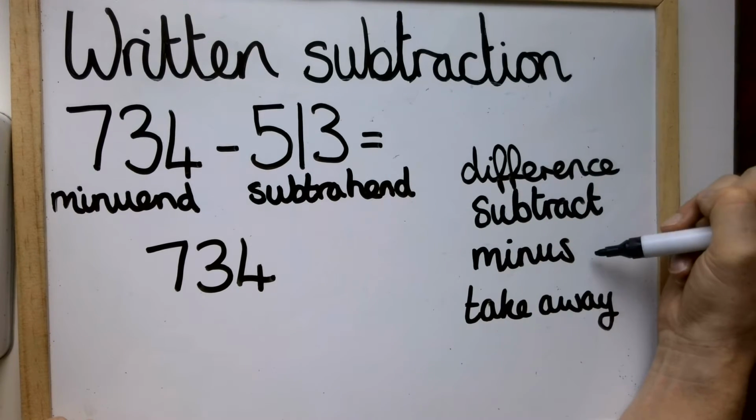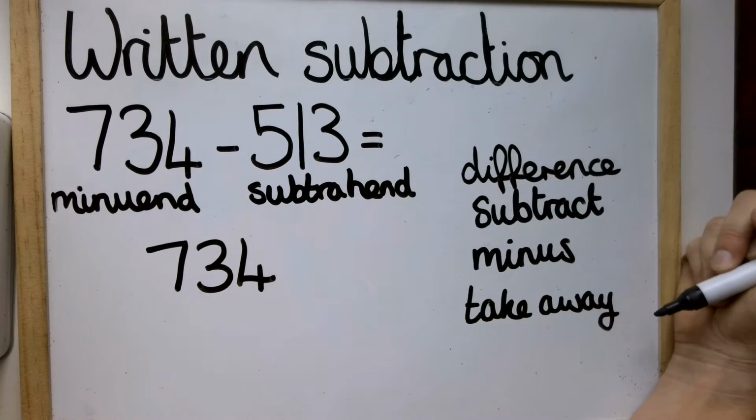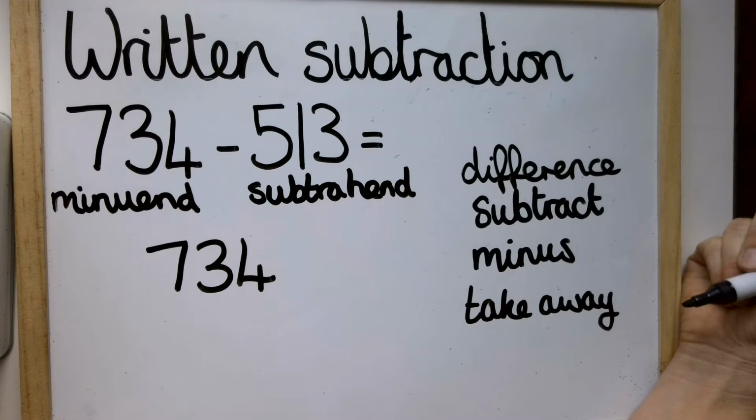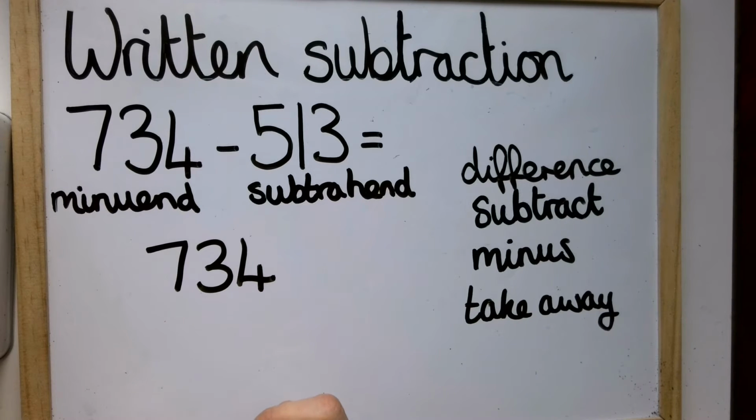So these are all names for subtraction that you might see in a subtraction reasoning question, in a word problem where you need to do subtraction as part of the calculation.